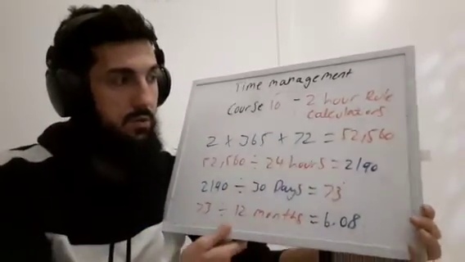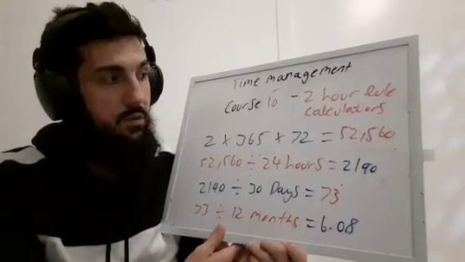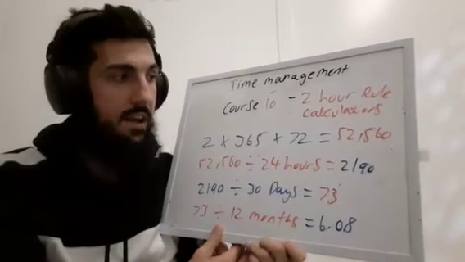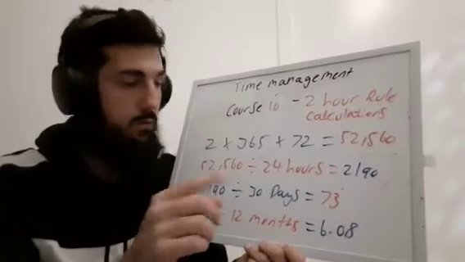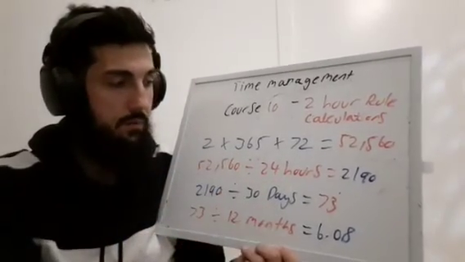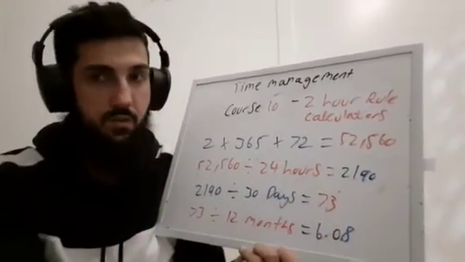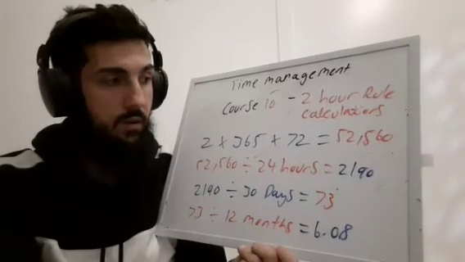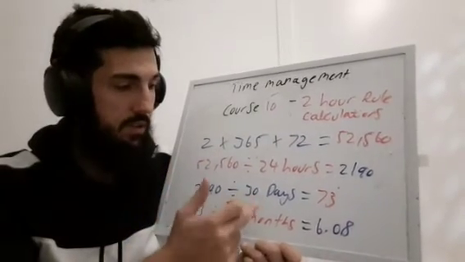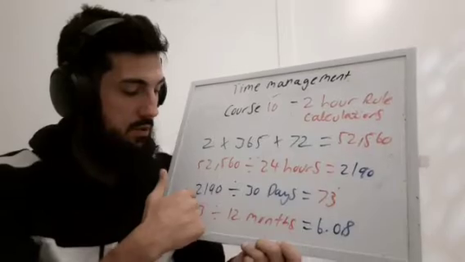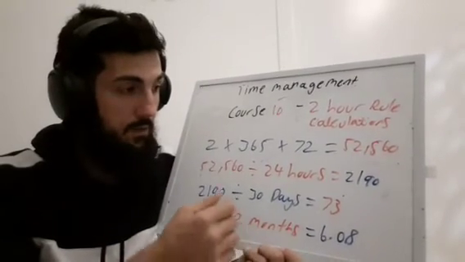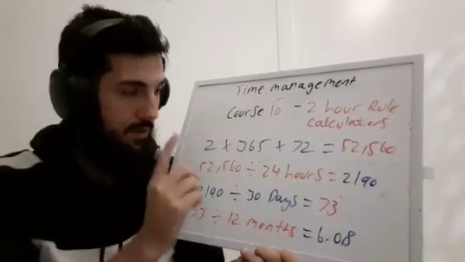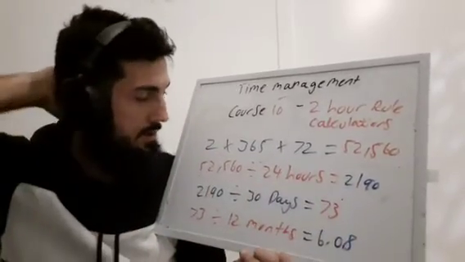It's going to be 52,560 hours of the 2-hour rule, and we're going to divide it by 24 hours to get yourself the hourly rate, and then we're going to get the monthly rate, which is 2,190 hours. We have the daily rate over here.